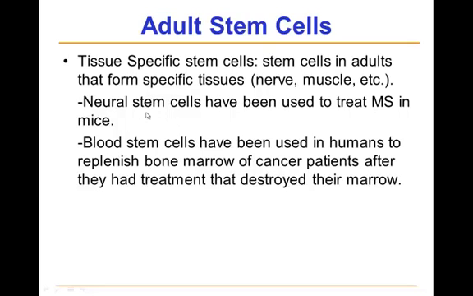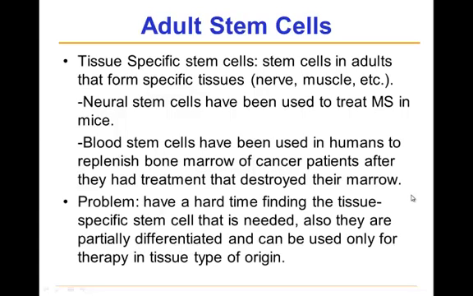Again, we can use stem cells from the nervous system to treat MS, which is multiple sclerosis, in mice. Blood stem cells have been used in humans to replenish bone marrow of cancer patients after they had radiation treatments that destroyed their marrow.